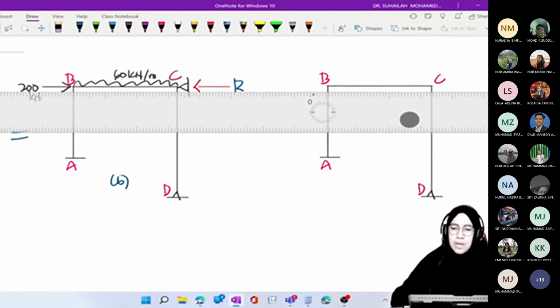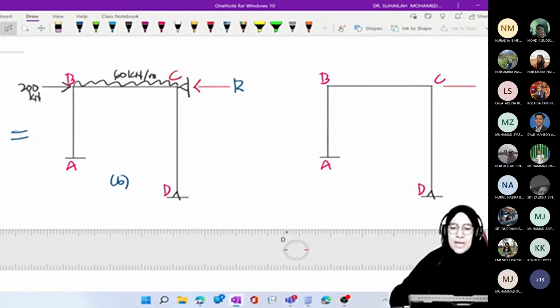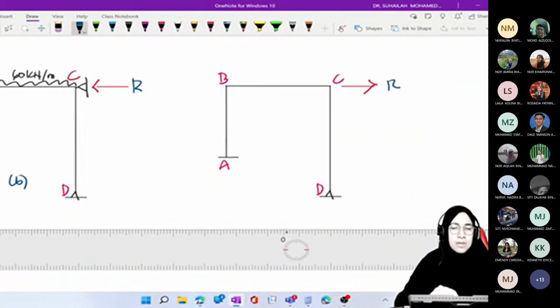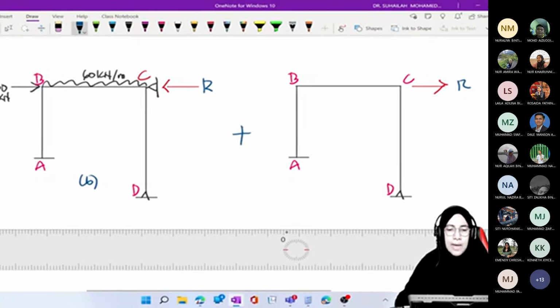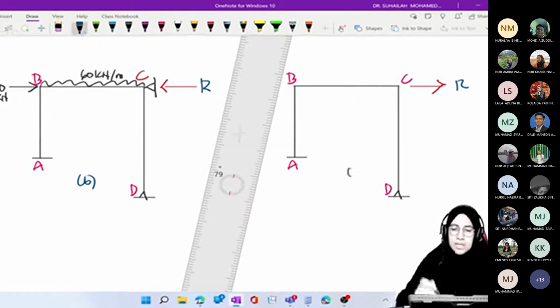So we have R in opposite direction. So this R, okay, so this is plus. So like this. Okay, this is C diagram.